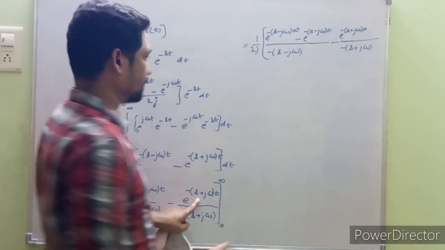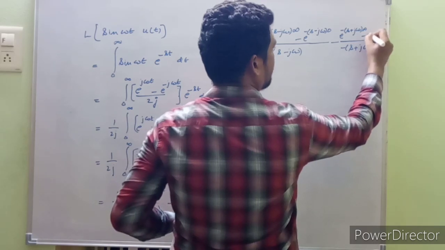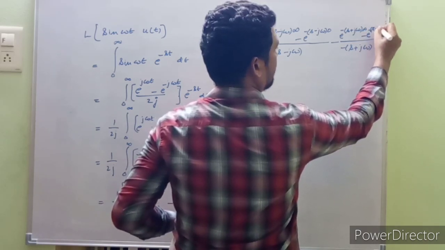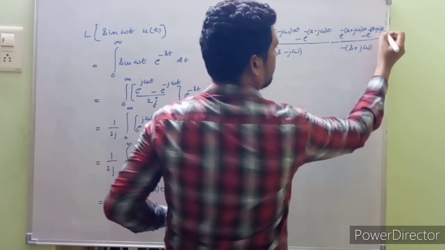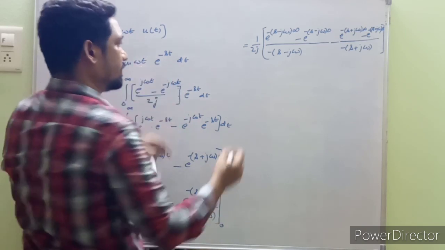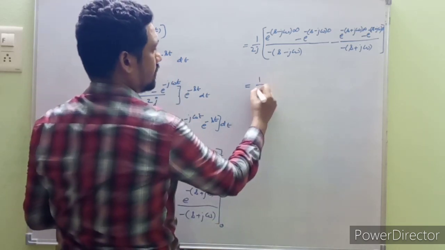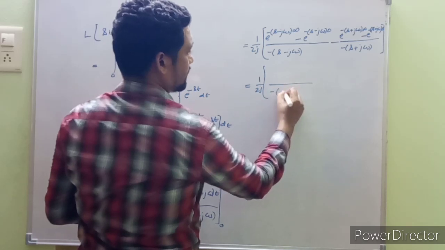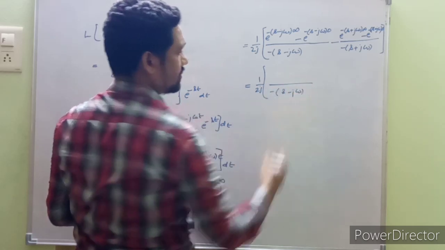For the lower limit, it's minus of e raised to minus s plus j omega into 0. So these are the limits, plugging in the upper limit and lower limit. 1 upon 2j into the denominator minus of s minus j omega, no change in that.